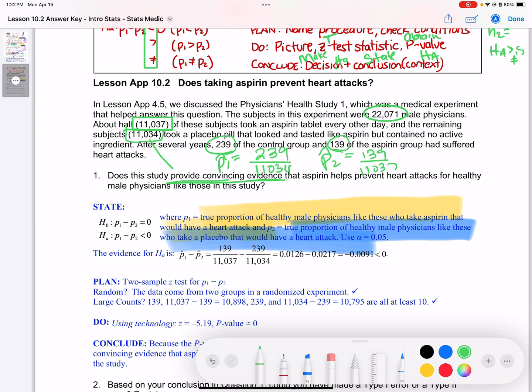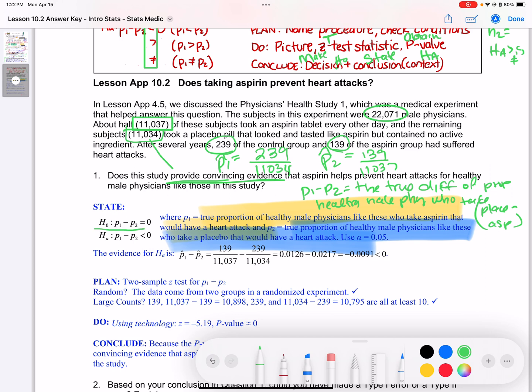Or you could do P1 minus P2 equals the true difference of proportions of healthy male physicians who take placebo minus aspirin, right? So it doesn't matter.